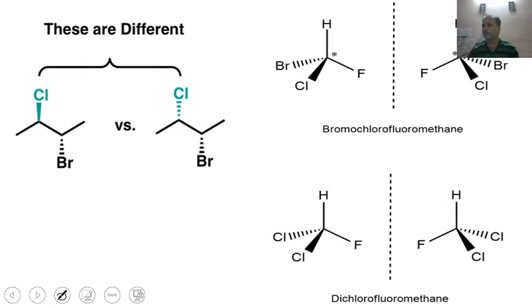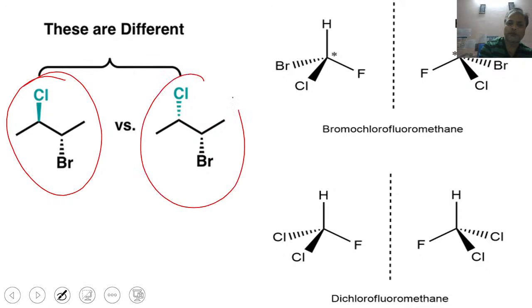The question which you have asked is how to find out. Like this, you can see in this compound and this compound, everything is the same, only the position of the chlorine has been changed. Whenever you have a solid line, it means the group is towards you, upside.